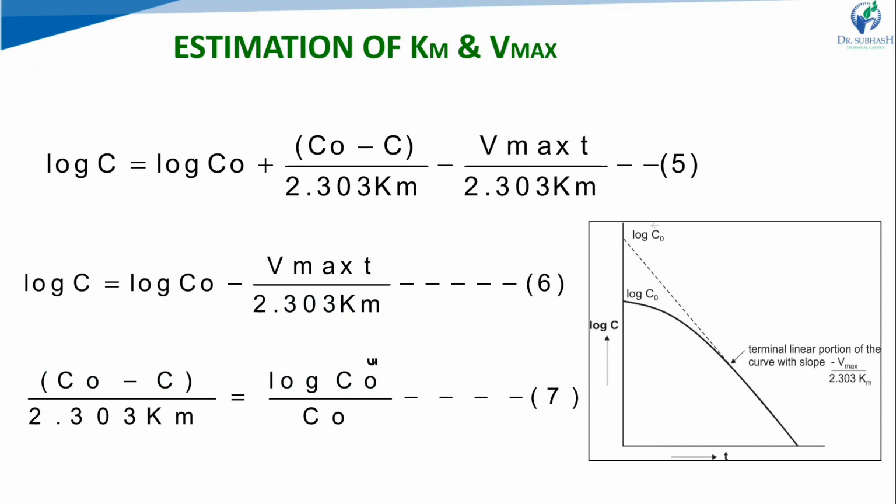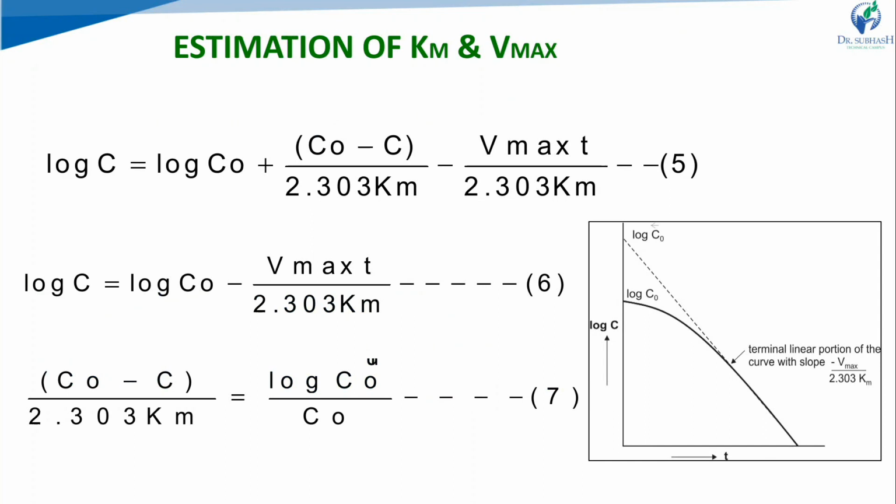The previous equation, dC/dt is equal to Vmax into C upon Km plus C, we integrate and convert to log base, so that the equation becomes log C is equal to log C0 minus (C0 minus C) upon 2.303 Km minus Vmax into t upon 2.303 Km.